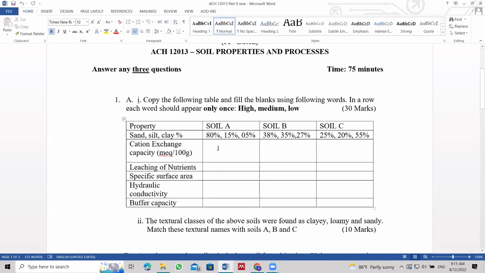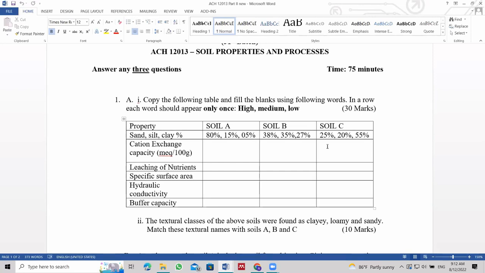So can anyone tell cation exchange capacity? Soil A low, B medium, and C soil high. Yeah. Any other person, can you tell what is the reason for this? Why are you putting soil A low and soil C high?